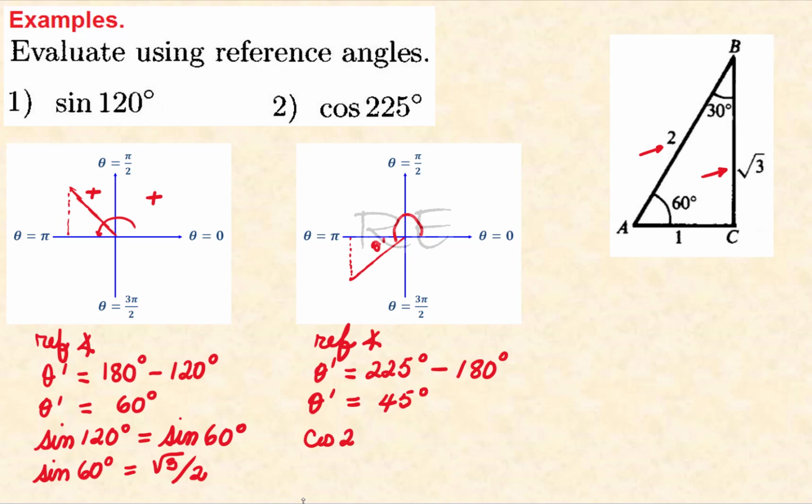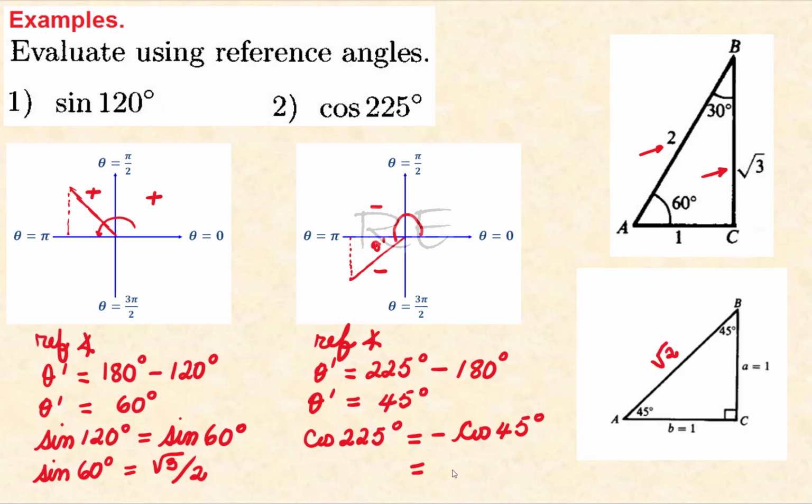Now cosine is negative in the third quadrant. Therefore, cosine 225 is equal to negative cosine 45 degrees. Using the reference triangle, we get negative 1 over square root of 2, or when we rationalize, negative square root of 2 over 2.